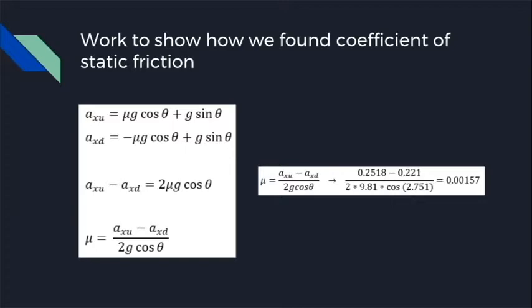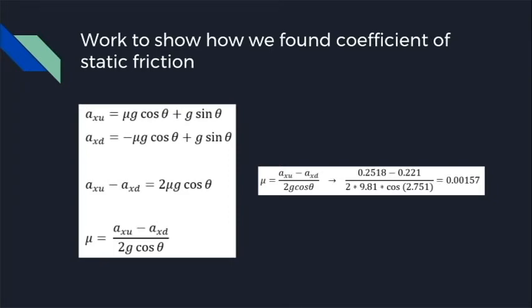And we can add these two equations together to get one equation of ax in the up direction minus ax in the down direction equals 2 mu g cosine of theta. We can rearrange this so mu will equal ax in the up direction minus ax in the down direction divided by 2g cosine of theta.